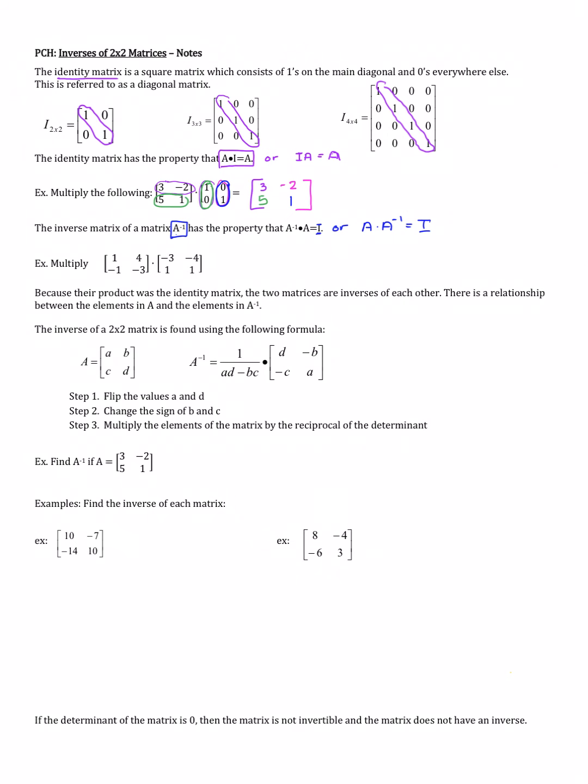Okay, so let's look at what happens if I multiply these two matrices together. So we're going to do our row 1 with column 1. I'm just going to put an arrow there. So row 1, that would be negative 3. I'll write it out in case you're a little rusty. Negative 3 plus 4 times 1, which is 4. Then we're going to have row 1 with column 2, which will be negative 4 plus 4 times 1. Then we're going to move to row 2 with column 1.